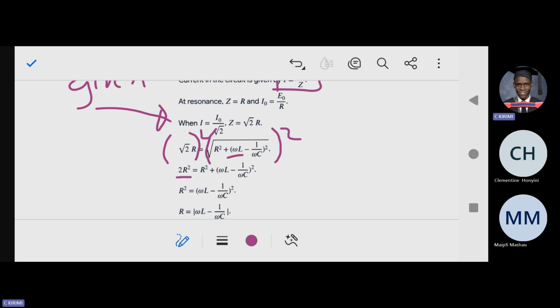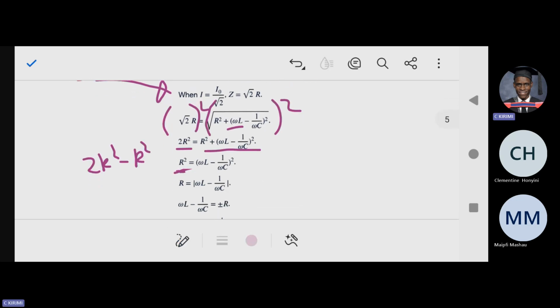And then this is what is under the bracket. Group like terms together, which means R squared comes to the left. Then this will be 2R squared minus R squared, which is R squared. You have moved it. Then on your right hand side, you are just having omega L minus 1 over omega C squared.